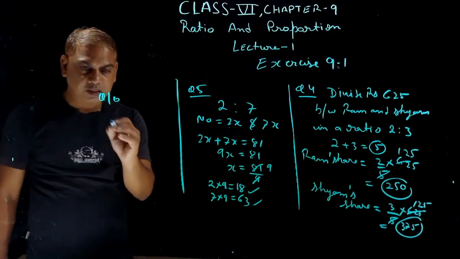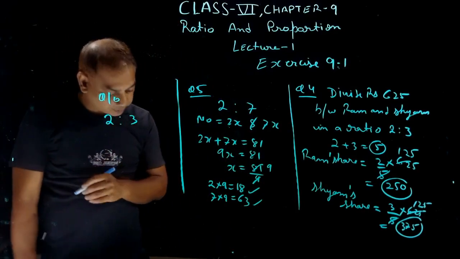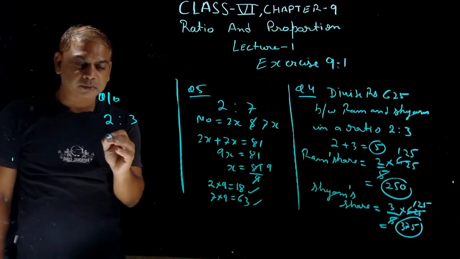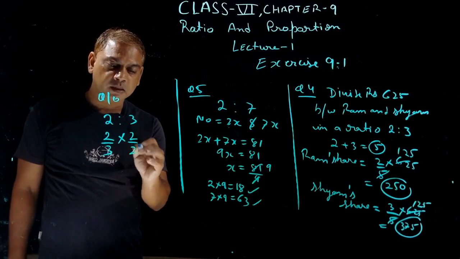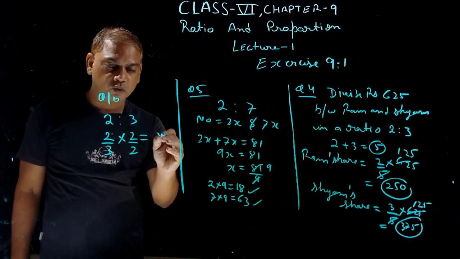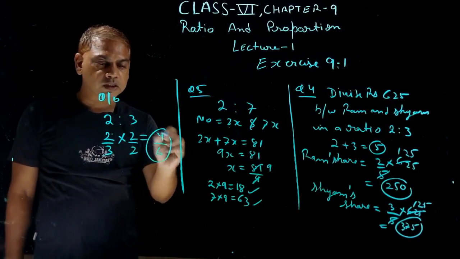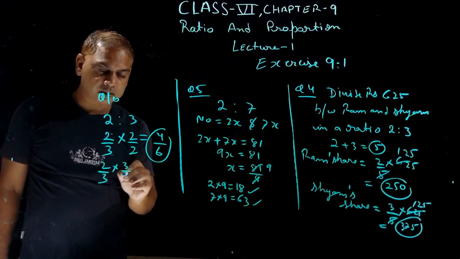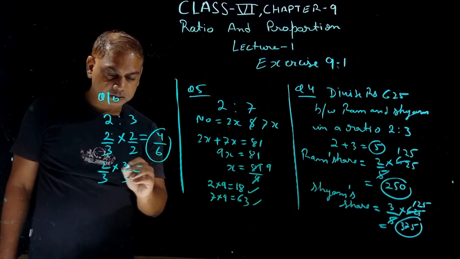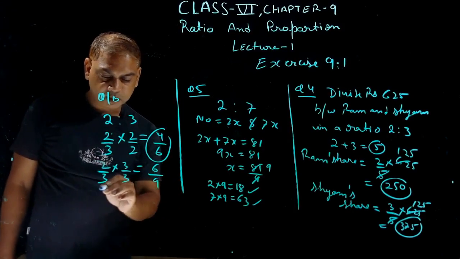Equivalent ratios. First one I am doing for you. You have to find out the equivalent ratios. It is a very simple question. Write in fraction form, multiply by the same number, numerator as well as denominator, you will get 4 upon 6. So this is your first ratio. Second, again multiply by the same number, 3, to get 6 upon 9.